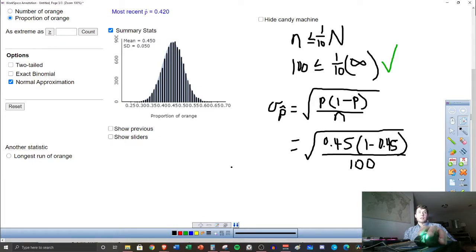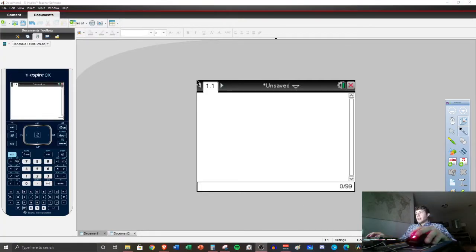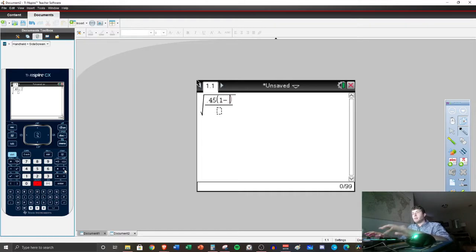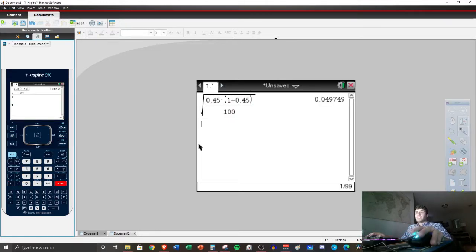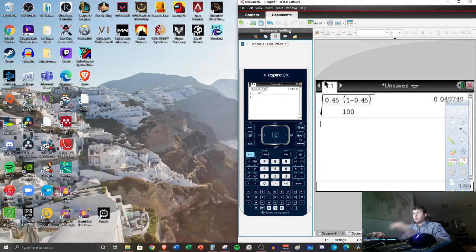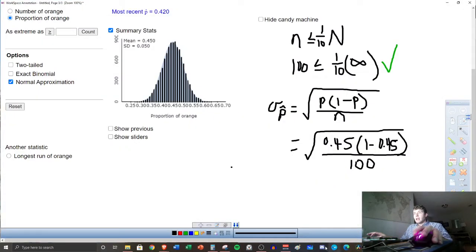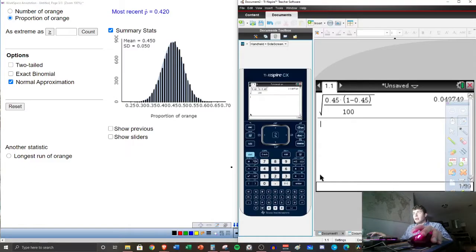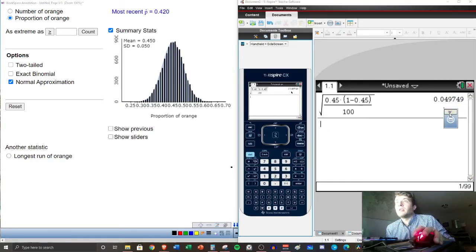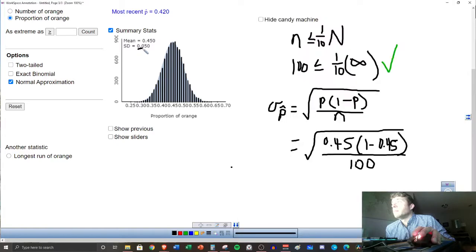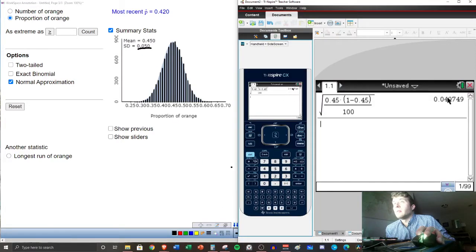So let's grab our calculators. I'm going to make a square root first, and then inside of there, I'm going to make the fraction. So it's 0.45 times 1 minus 0.45 over 100. All right, so notice that this is pretty close to the estimate that they had. So let's pull this back up. It's pretty much spot on, honestly, this compared to that one.